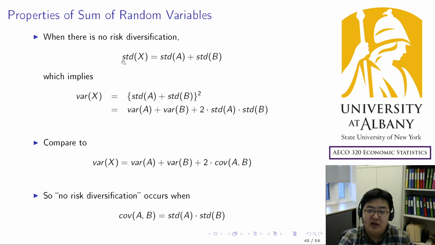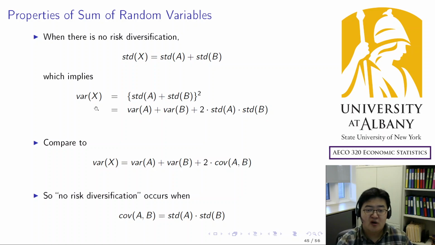We are wondering when your portfolio has the same risk as the sum of the single assets. For this equality to hold, if you square both sides, the variance of x must take this form. Simple expansion of square.